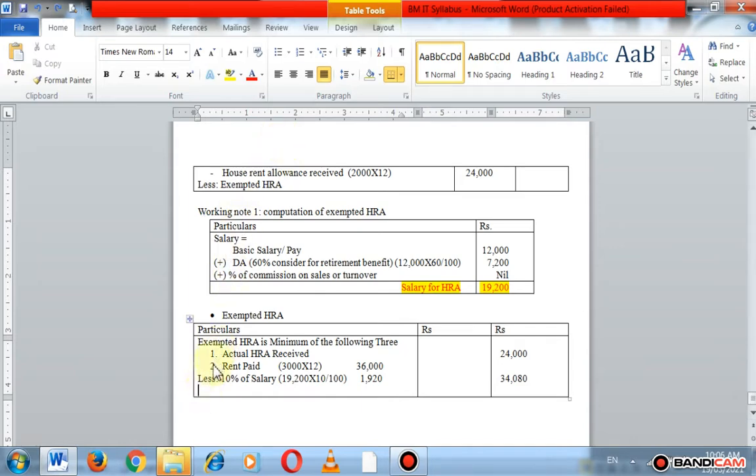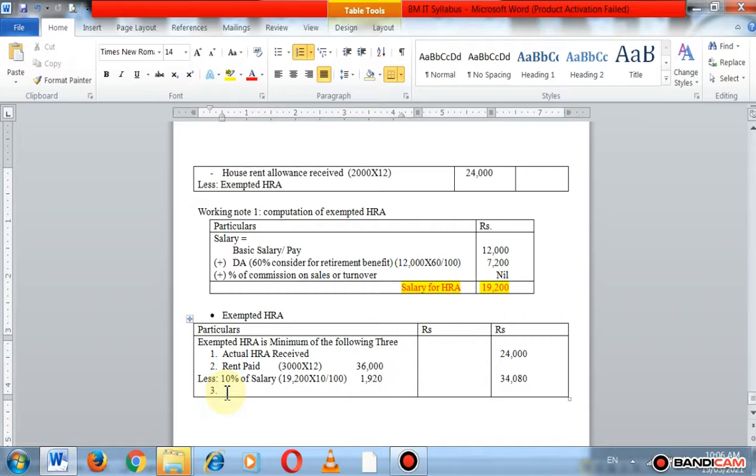And the third point is 40 or 50% of salary. 40% of salary if the SAC worked in a city other than a metro city. Other cities include Hyderabad, Pune, Satara, Sangli, Kolhapur, etc. And 50% of salary if the employee worked in a metro city.